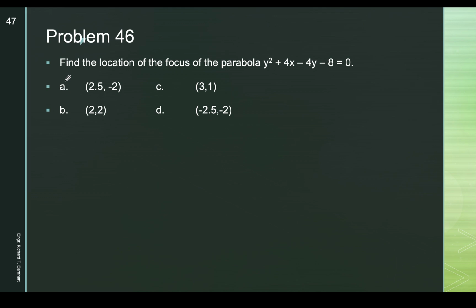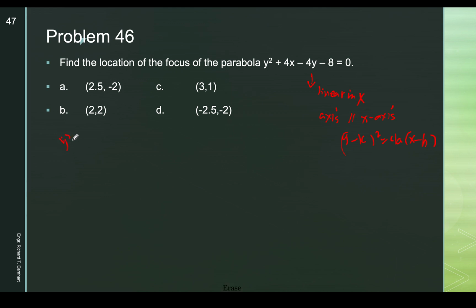Find the location of the focus of the parabola y squared plus 4x minus 4y minus 8 equals 0. So note that this is linear in x, so the axis is parallel to the x-axis. So the general form will be, quadratic in y, equals 4a times x minus h. Okay, so we complete the square.